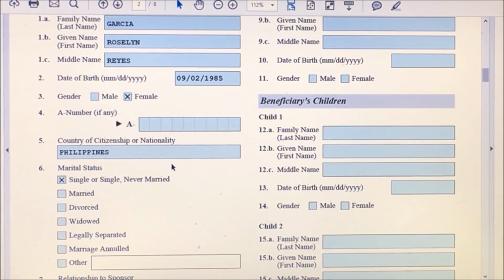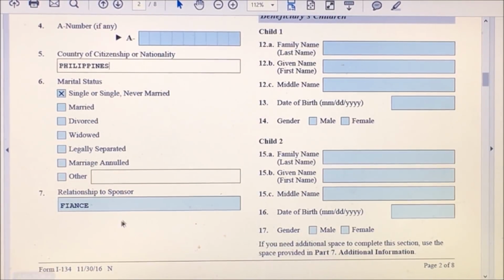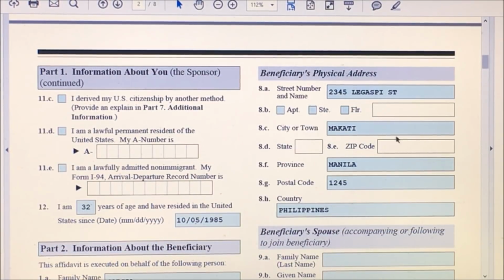Then country of citizenship or nationality, so Philippines. And then marital status, I am single, just click single. And relationship to the sponsor, fiancé. Okay, and then next, beneficiary physical address.